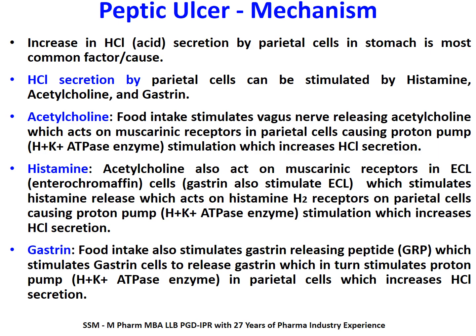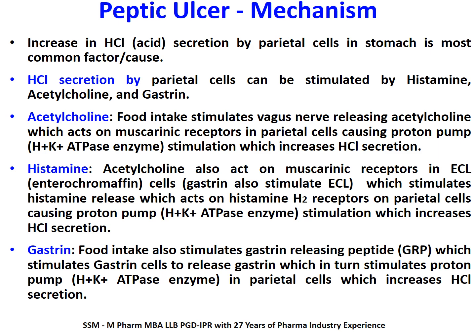Now these enterochromaffin cells are also stimulated by gastrin, which acts on gastrin receptors on ECL cell and leads to secretion of histamine. So that histamine will act on H2 receptor and will stimulate proton pump and increase hydrochloric acid secretion. So histamine secretion can happen by acetylcholine as well as gastrin both.